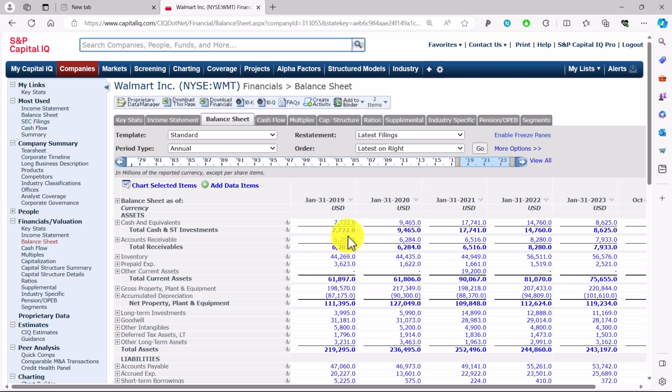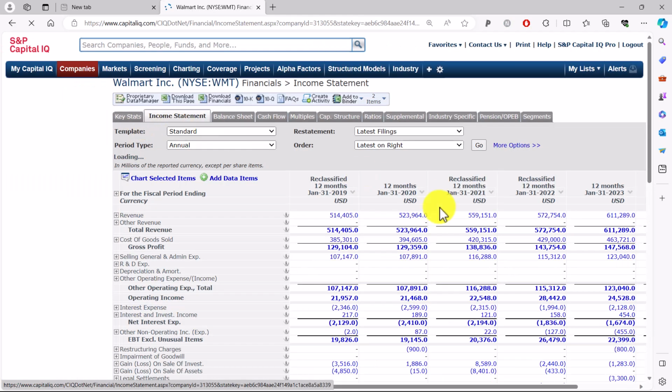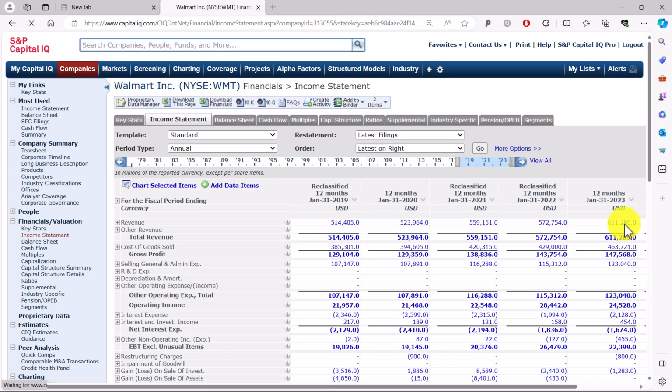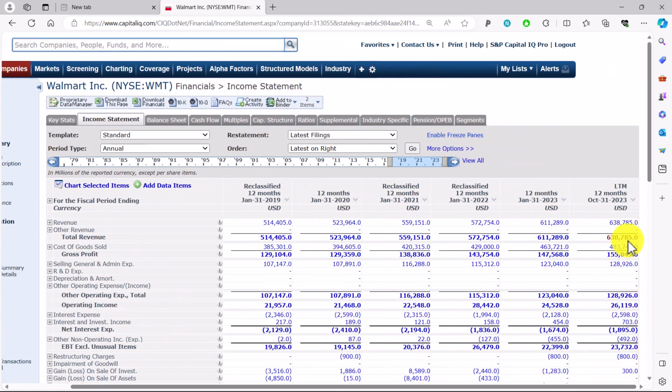So I mentioned Walmart out here. We can see their accounts receivable, total receivables here, as of October 31st, 2023, were just 8,625 compared to revenues of, actually not even that, sorry, 638,785.